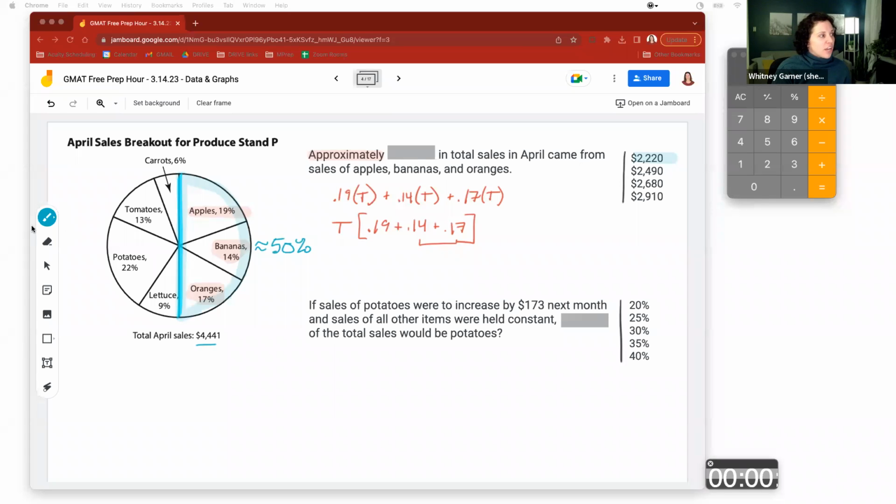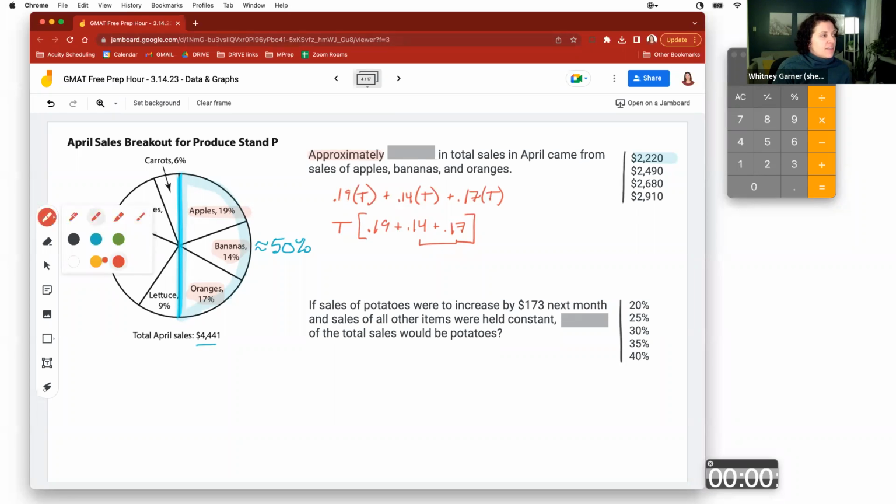Nice, y'all. So I have a couple of people mentioning that if potatoes is already 22%, and we're going to add more potatoes, can we get rid of any of our answer choices? Yeah, we can. We can get rid of 20%. We know it's definitely not going to be 20%.